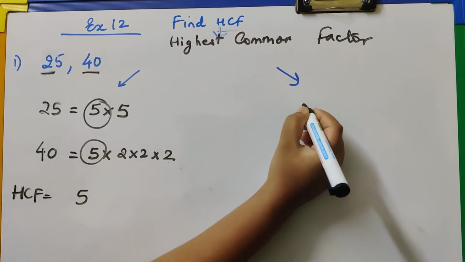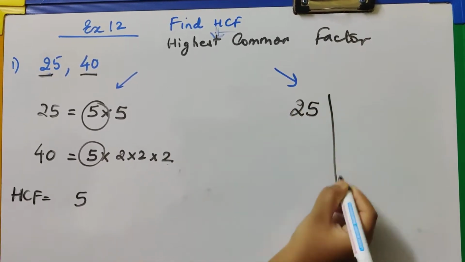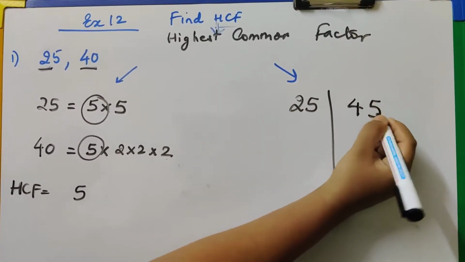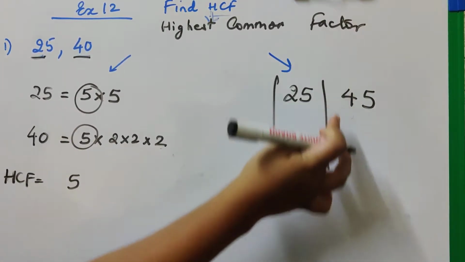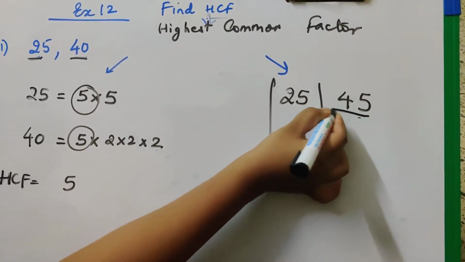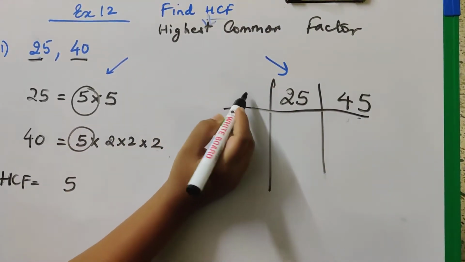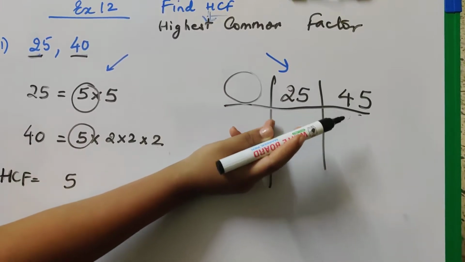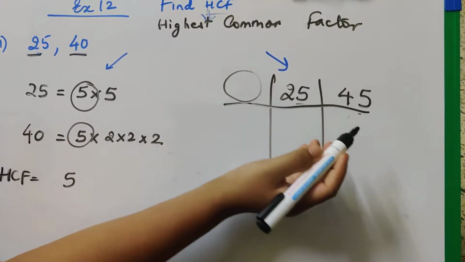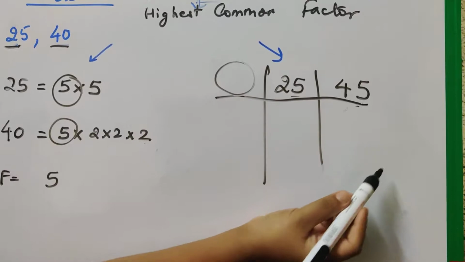Let's see the same numbers in a vertical method. What we should do is draw a vertical line for each number. So imagine there are two numbers, so you draw two vertical lines and put them into different columns. Now here, what do you write? You write one table that helps me divide both the numbers. I know that the ending number is 5 and I can use the divisibility test of 5.